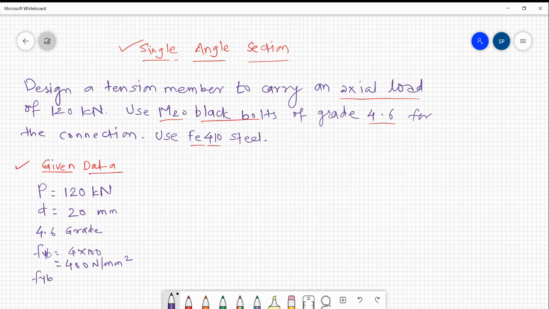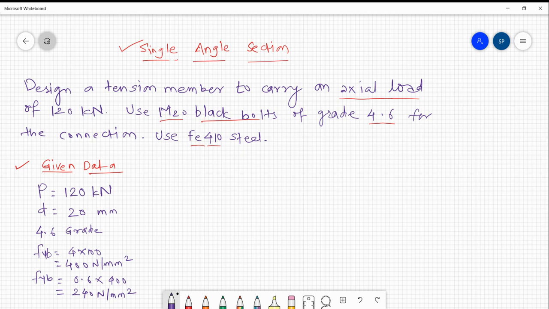Then next FYB. So FYB will be 0.6 multiplied by FUB, 400. Now 4 from this, 0.6 from this grade only. So this is how you can get the values of FUB and FYB from grade of bolt. So this is the given data.